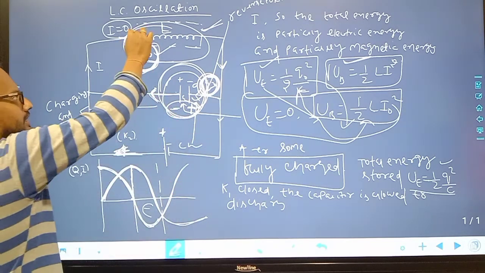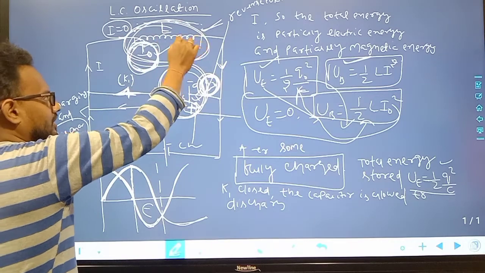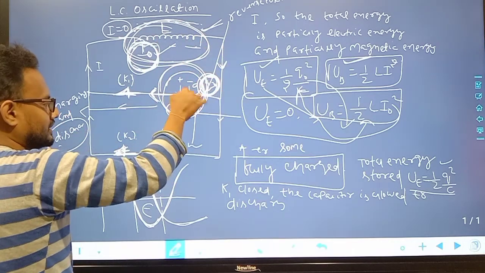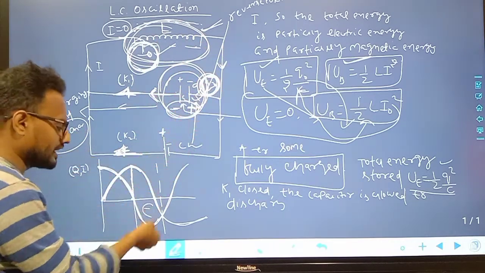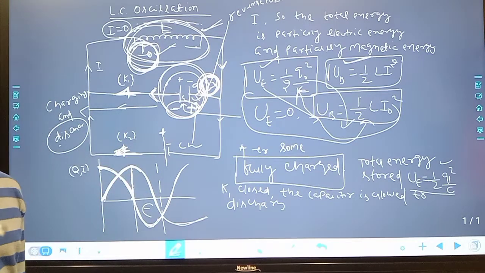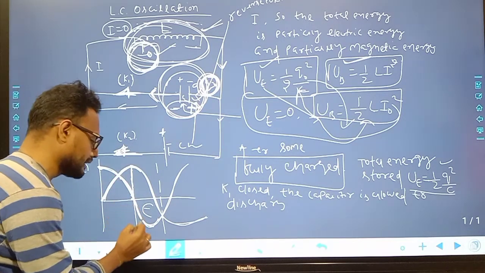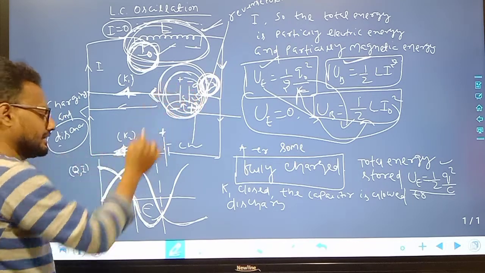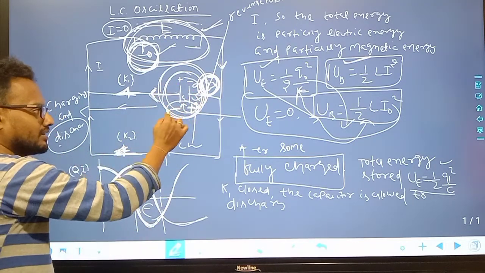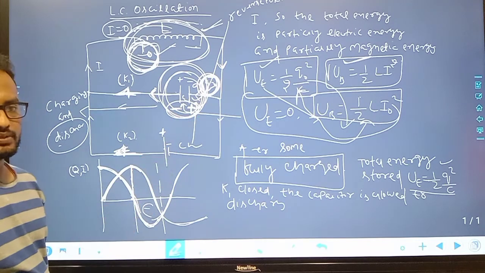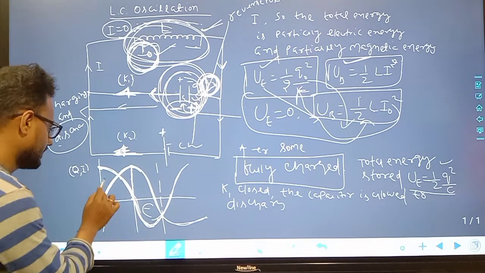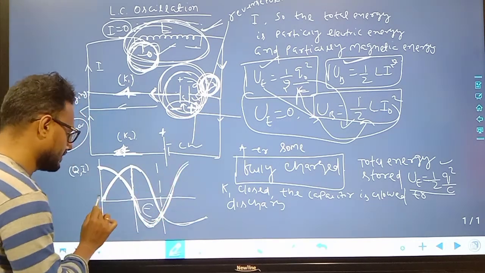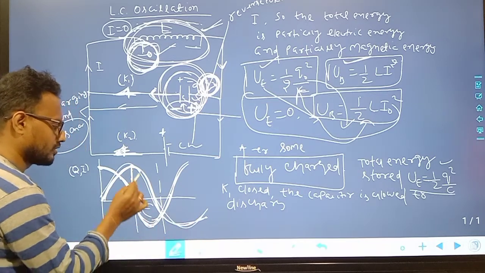Now the current is opposed by the inductor, hence the charging condition occurs again, but in the negative cycle, because the polarity of the capacitor changes. That is how the oscillation happens.